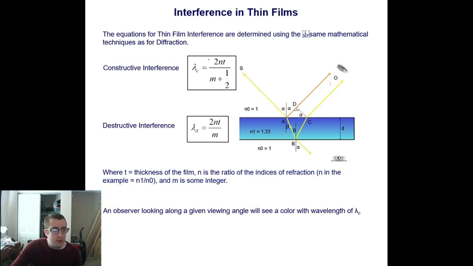So basically what this equation does between the thickness and the integer and all this other stuff, and there's a bunch of math and things that cancel out, but it winds up essentially taking this path here and comparing it to this difference of path there, and boiling it down to the difference in wavelength between them.